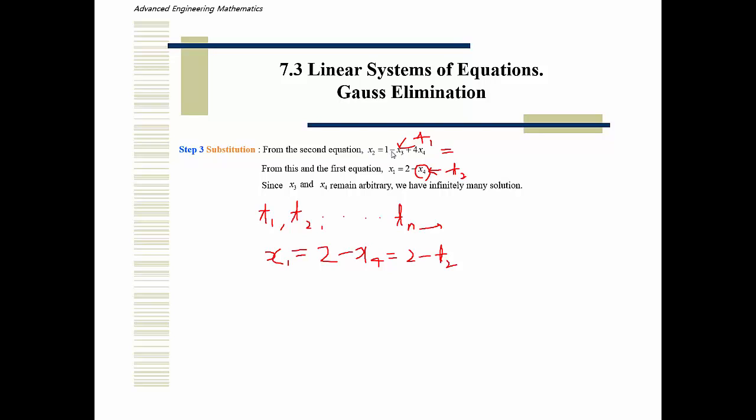So x2 can be 1 minus t1 plus 4t2. How about x3?